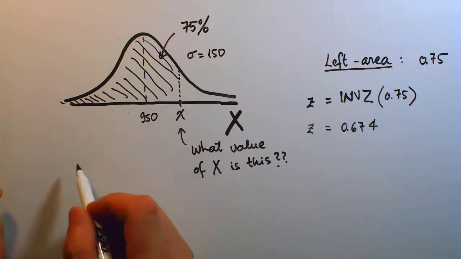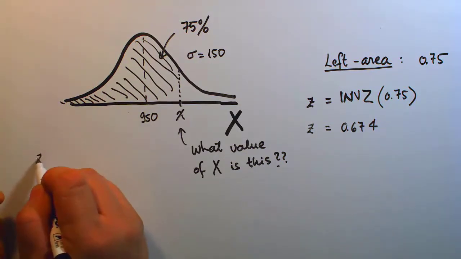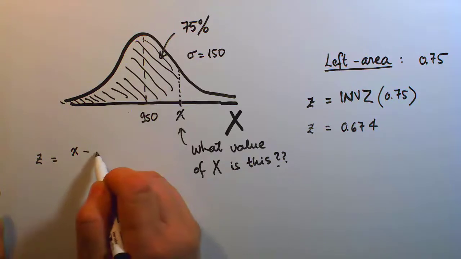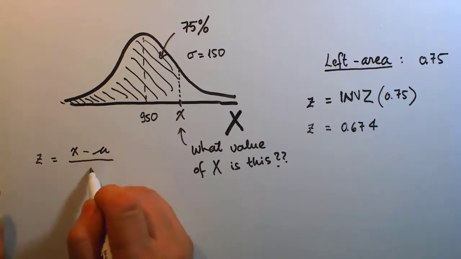Remind yourself that the Z-score is the value x from our population, subtract the mean and divide by the standard deviation.